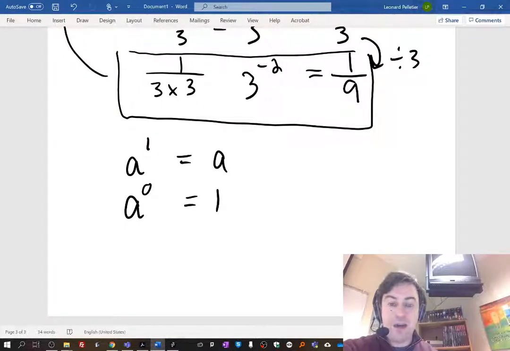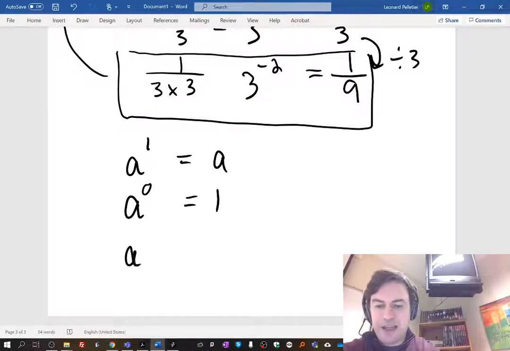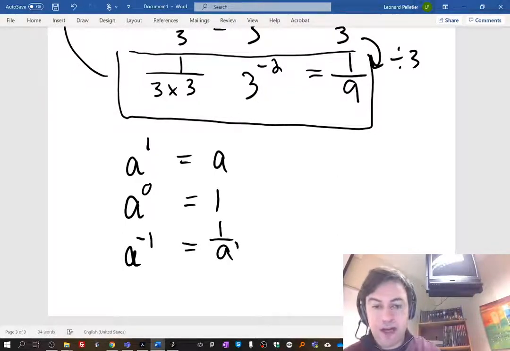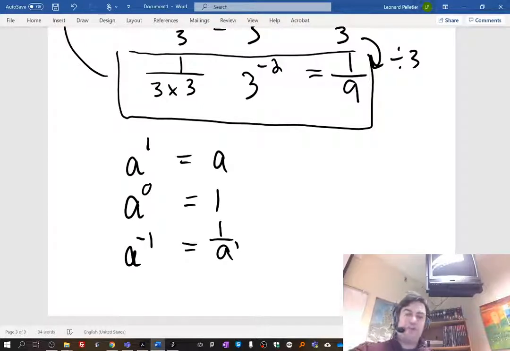And now we have this new negative exponent law that says a to the power of a negative exponent is equal to 1 over that number to the power of a positive exponent. So you can flip your power underneath 1 to make it go from negative to positive. I don't know if I made that really clear.